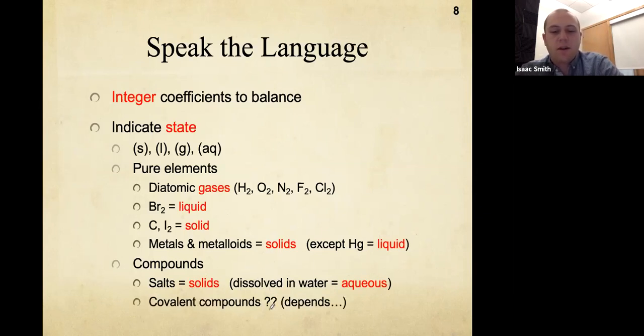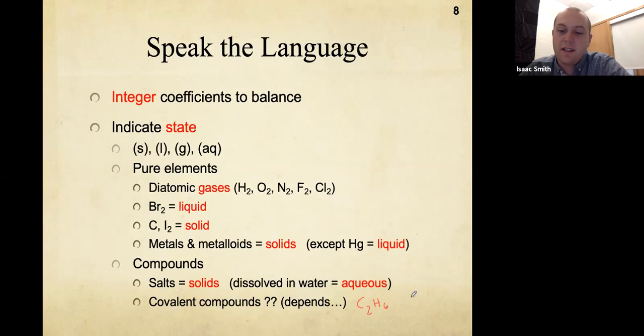And then covalent compounds, those are really hard to tell at first. So don't worry too much about those. It should be clear in the problem. I'm not going to expect you to know that ethane, like if you had C2H6, is a gas, okay?